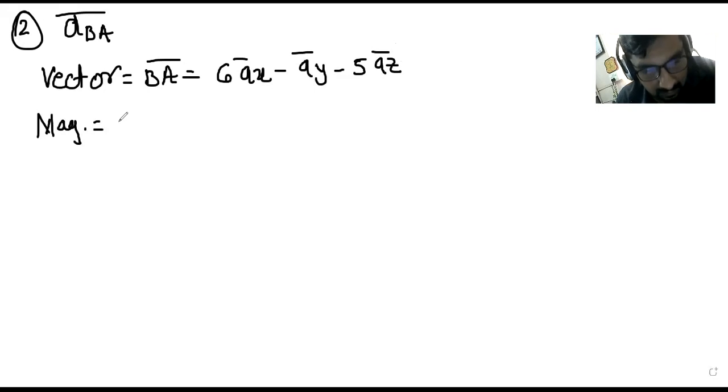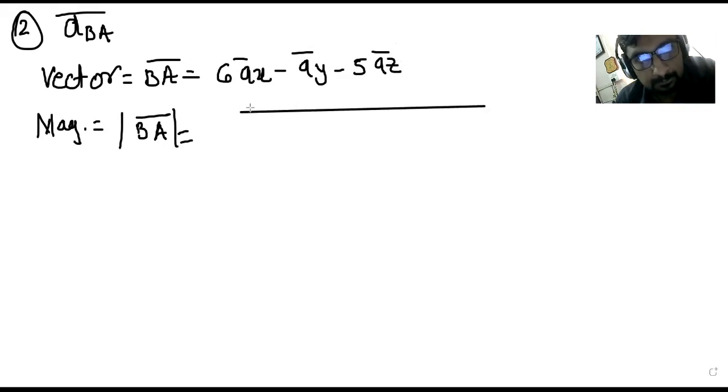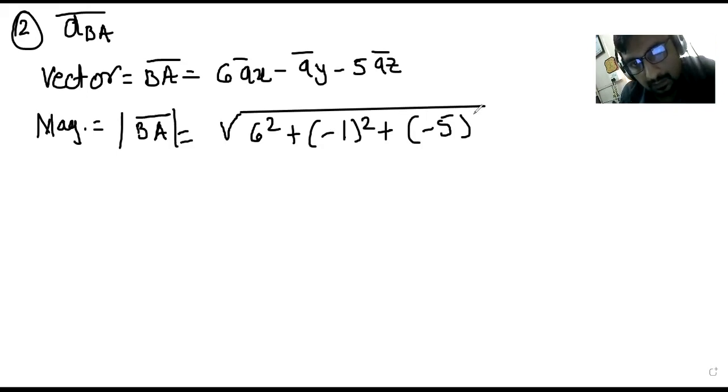Now in this case, you have to identify the magnitude also. Mod of BA bar is equal to, we know that it is 6 square plus into bracket minus 1 bracket square plus minus 5 bracket square, right?